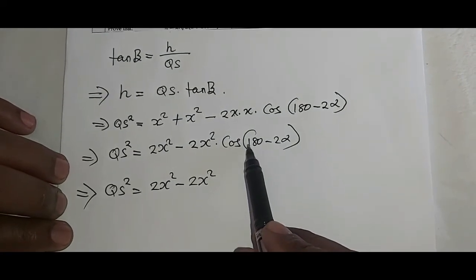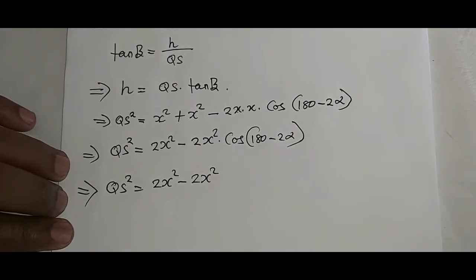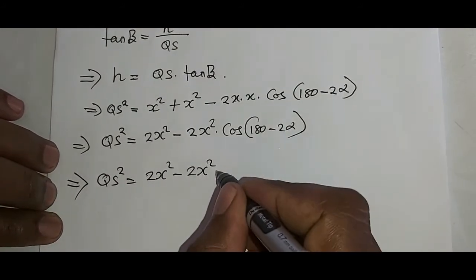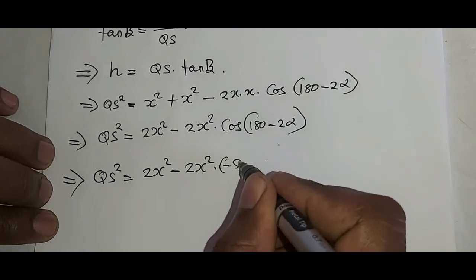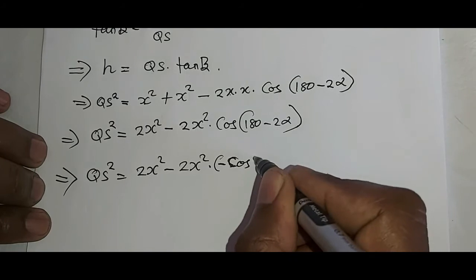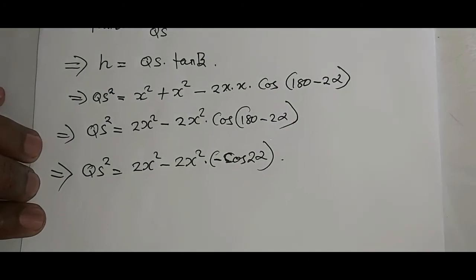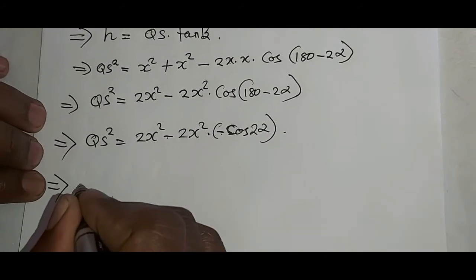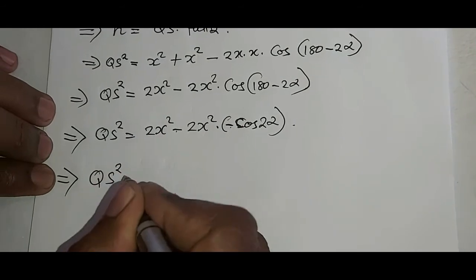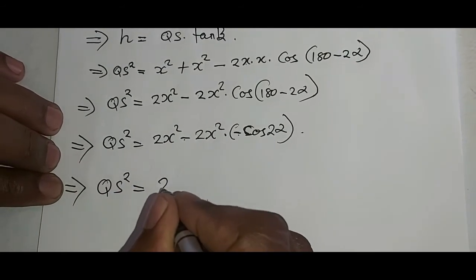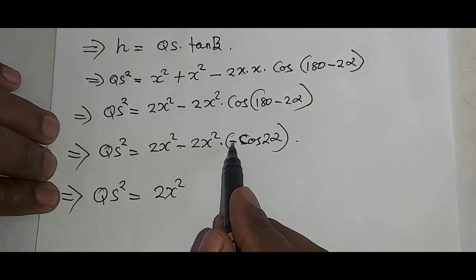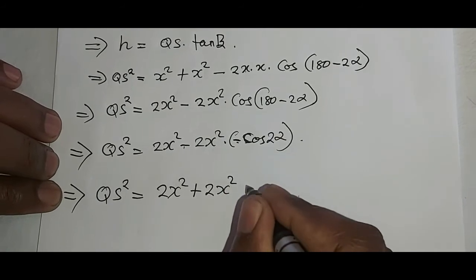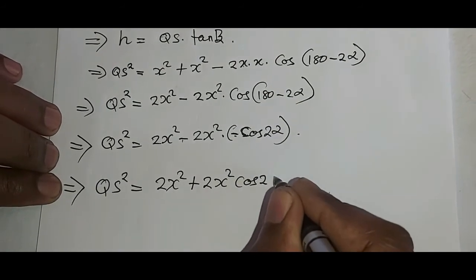If you look at cos of 180 minus 2 alpha, it's in quadrant number 2, and in that quadrant cos is negative. So it will be multiplied by minus cos of 2 alpha. Then multiplying this to this, it becomes positive, which in this case implies that QS squared is equal to 2X squared, minus times a minus becomes a plus, 2X squared cos of 2 alpha.